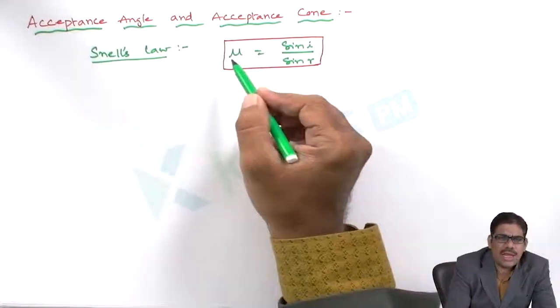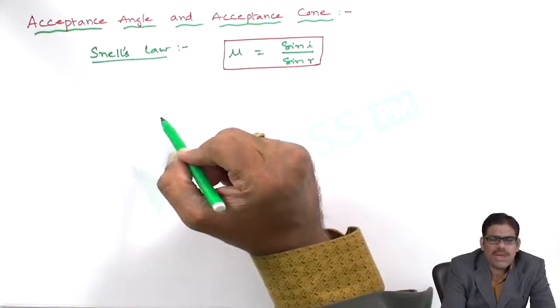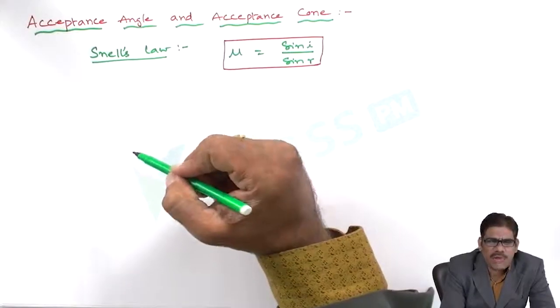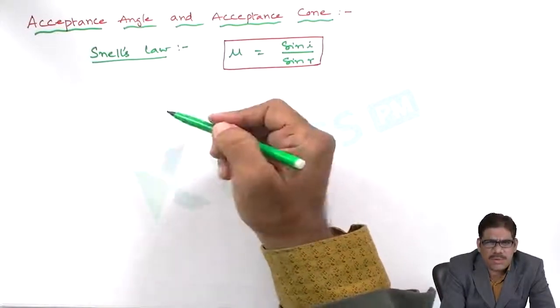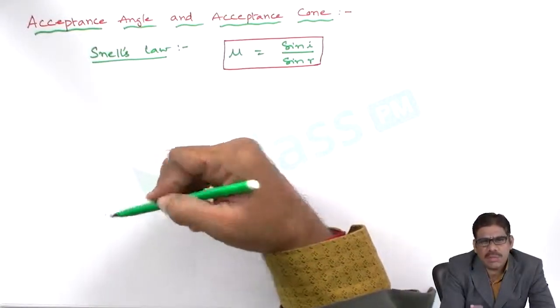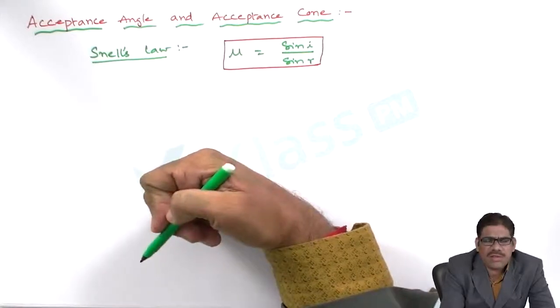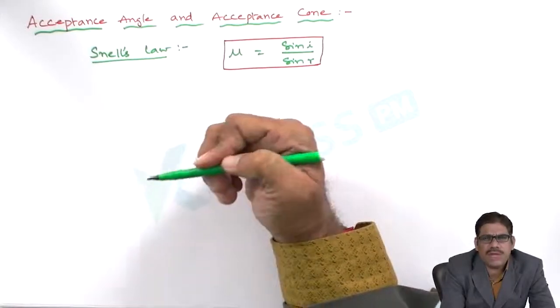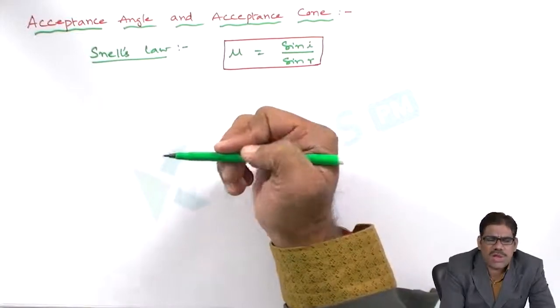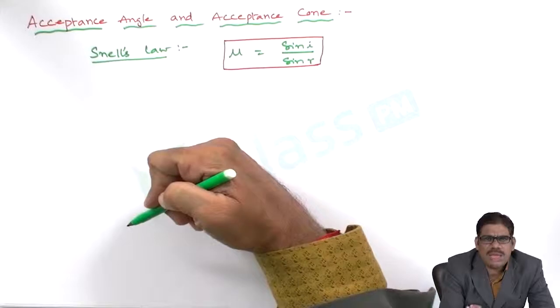Snell is the name of the scientist who has given this law pertaining to a light ray entering from one medium to the other medium. Now here we are talking about optical fiber, so the light ray enters from the denser medium to the rarer medium. The denser medium's refractive index is more when compared to the refractive index of the rarer medium. So under this condition, we say that mu is equal to sin I by sin R.